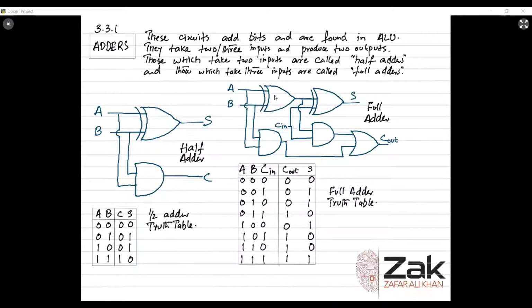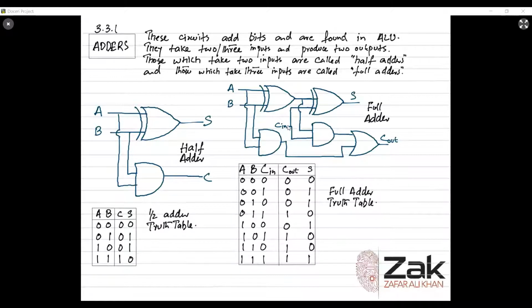What does it mean? It means that one half circuit is giving one result from exclusive-OR, the other result is coming from the AND gate. So the exclusive-OR output is being used as input for the next circuit. This is what I'm trying to tell. And the result is sum.